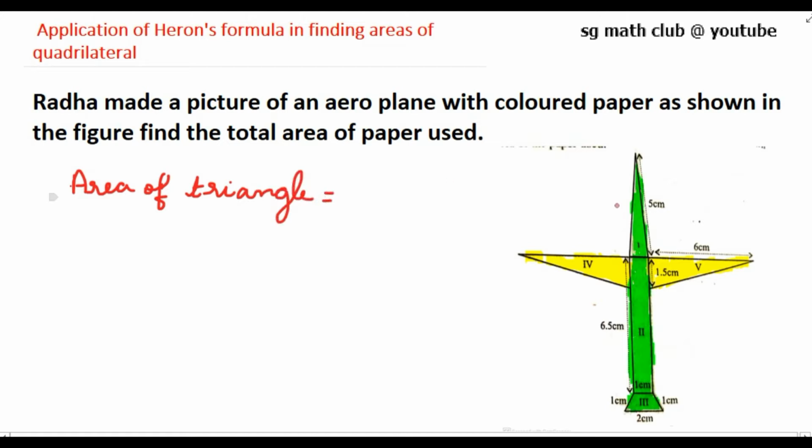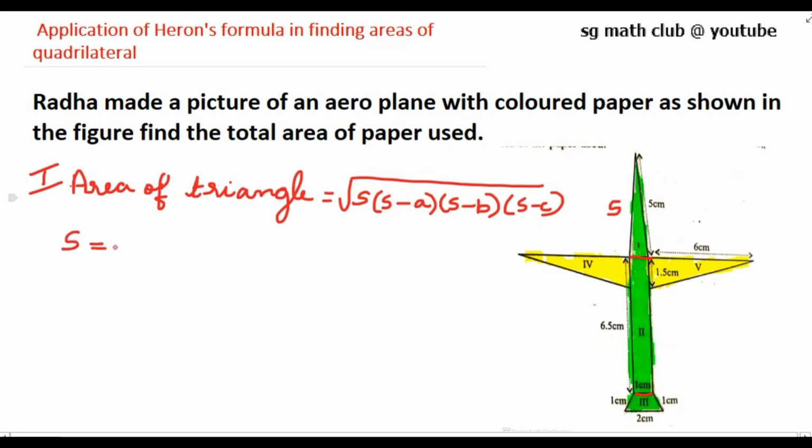Here two sides are 5 centimeter, and since this part is 1 centimeter, here also it will be 1 centimeter. So we can apply Heron's formula. I am going to find the area of the first part. Area of triangle, applying Heron's formula, is square root of s into s minus a into s minus b into s minus c.